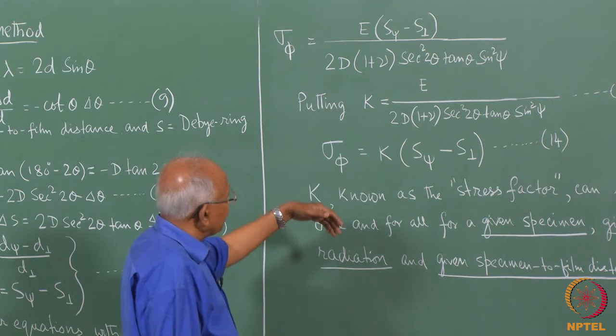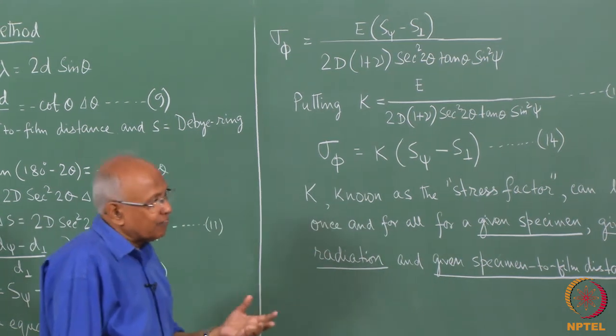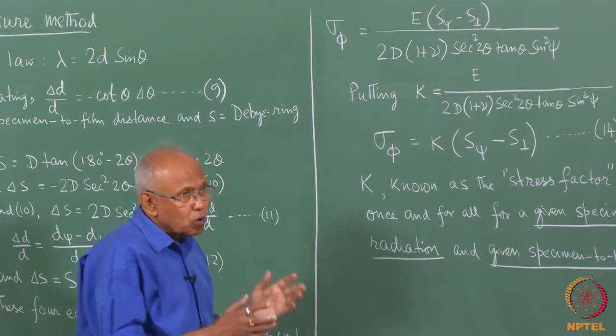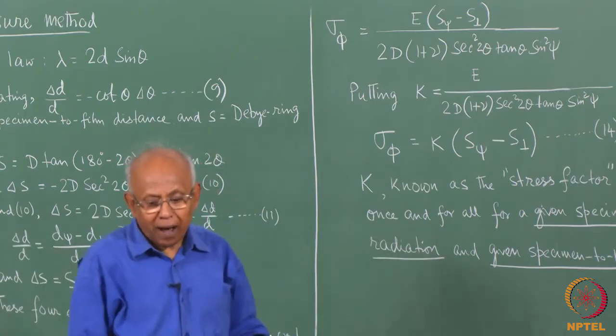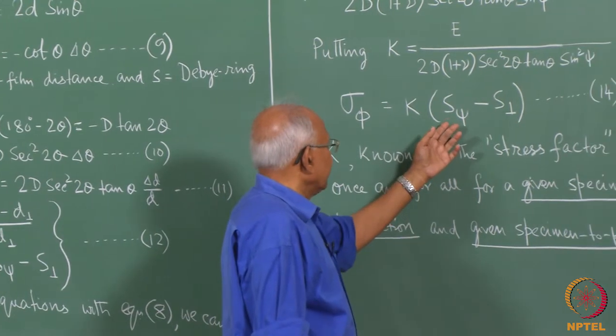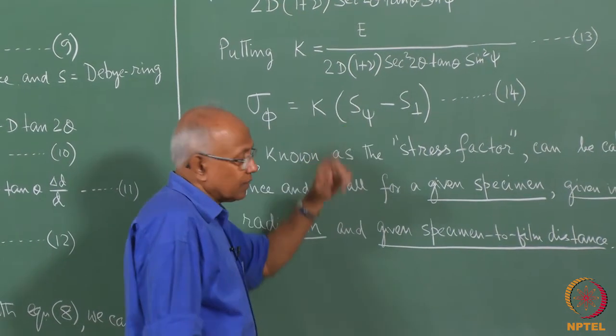So, this is basically the most important equation in order to find out the stress in a particular direction in a stressed material by doing back reflection pinhole photography in two different ways, one by the normal incidence, another by inclined incidence of X-rays. So, you see that here, we measure the diffracting ring radius S psi.